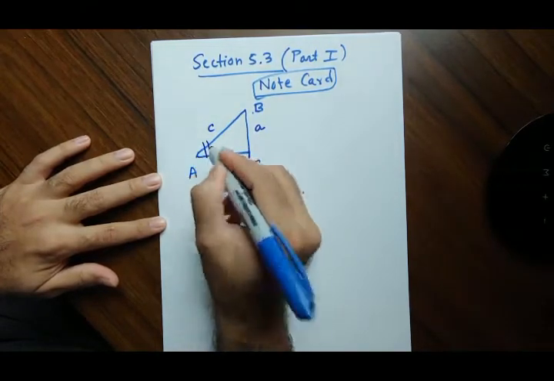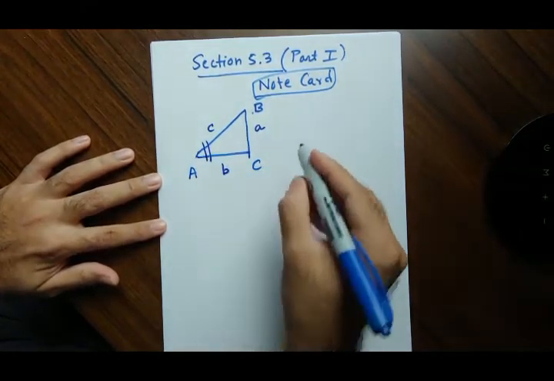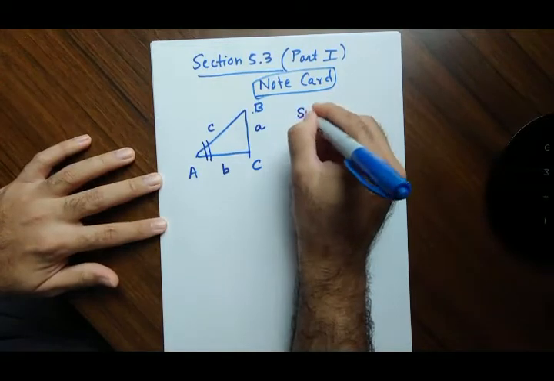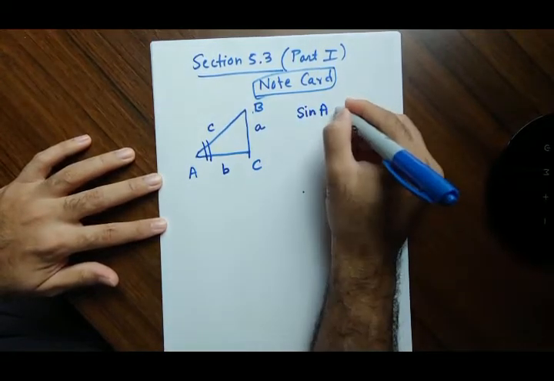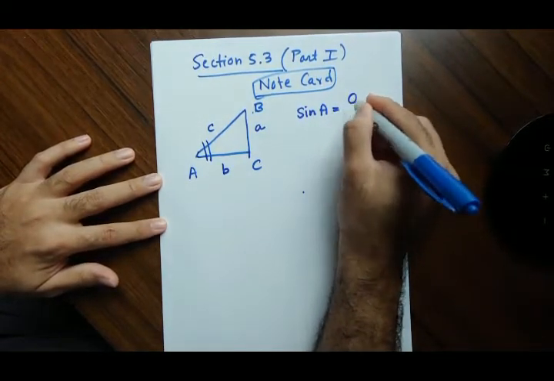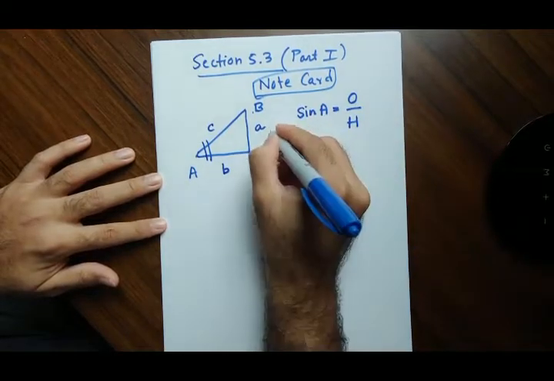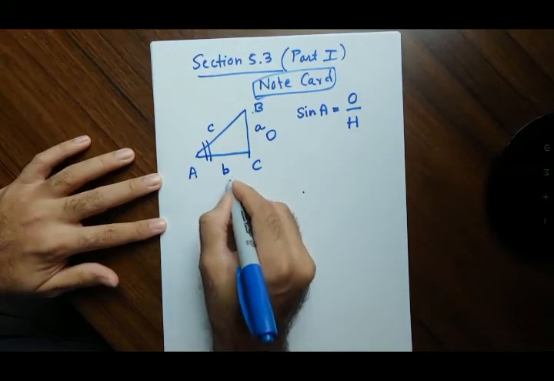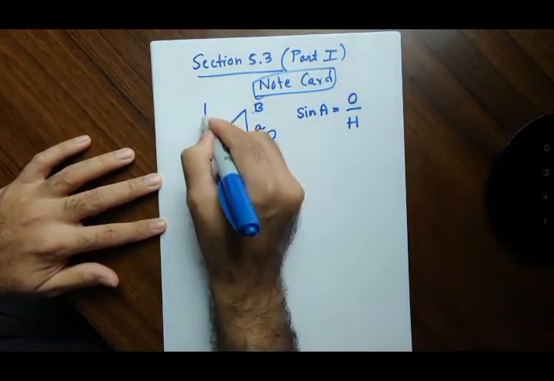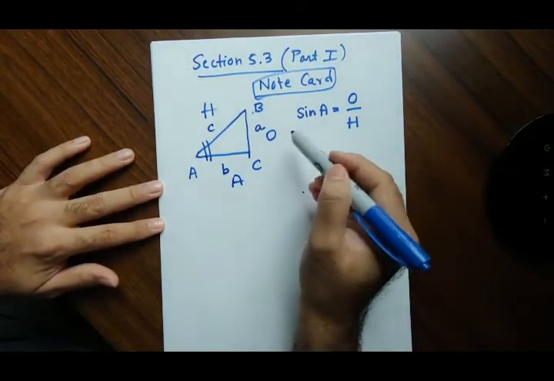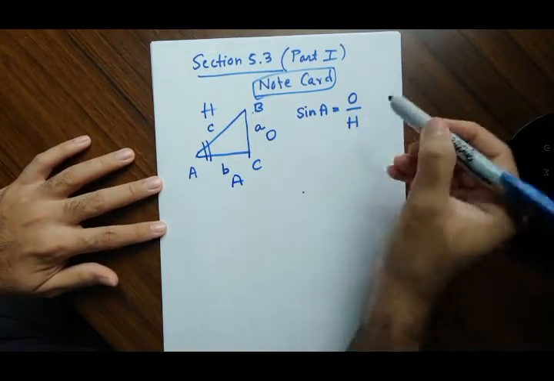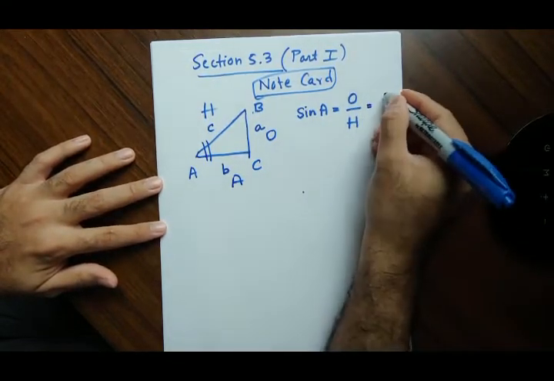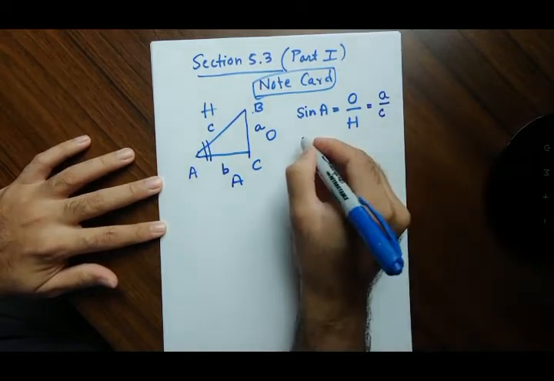And if I want to find the sine of this angle A, I'm going to write sine A equal to opposite over hypotenuse. So this is the O side because this is the opposite of this angle. This is the adjacent side, or A, and this is the hypotenuse side, H. So this will be a ratio of O and H, which in this case will be a over c.